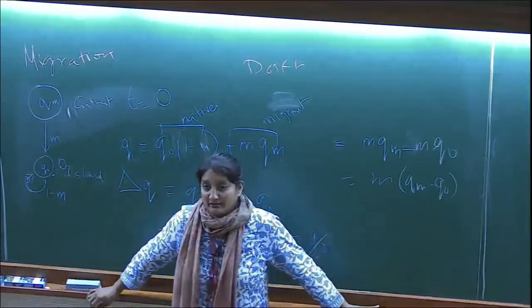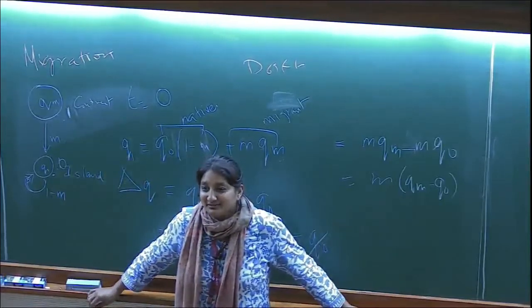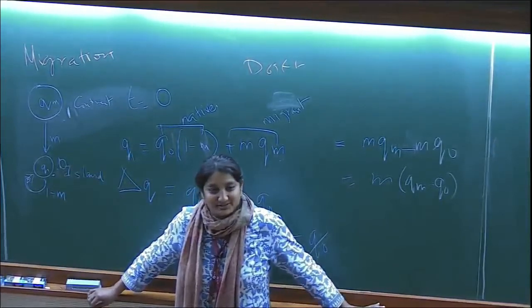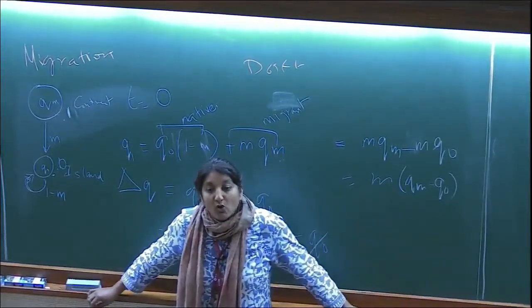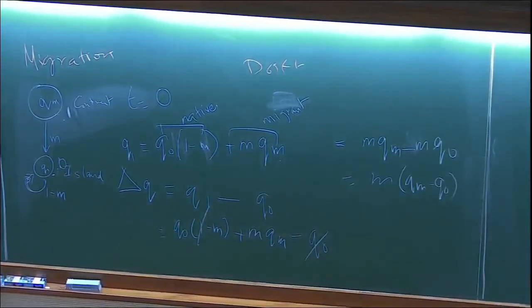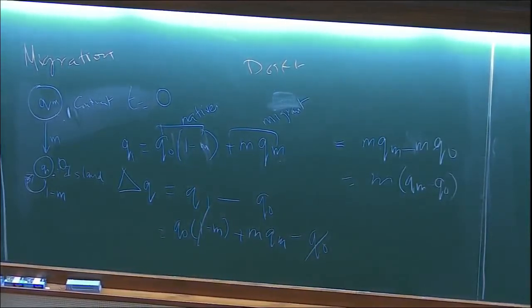The allele is not there on the island. The allele is only on the mainland, and there are now migrants. Under what situations would allele frequency change fast on the island?